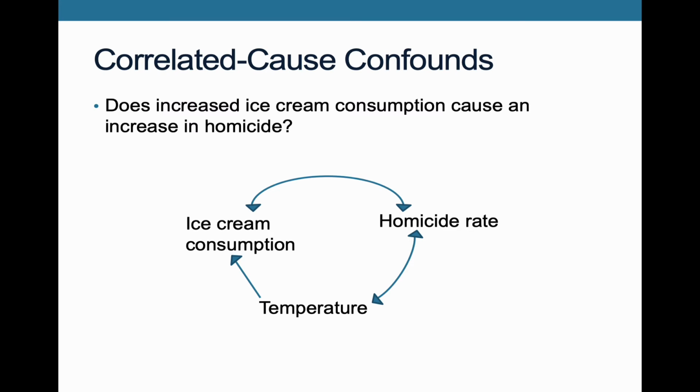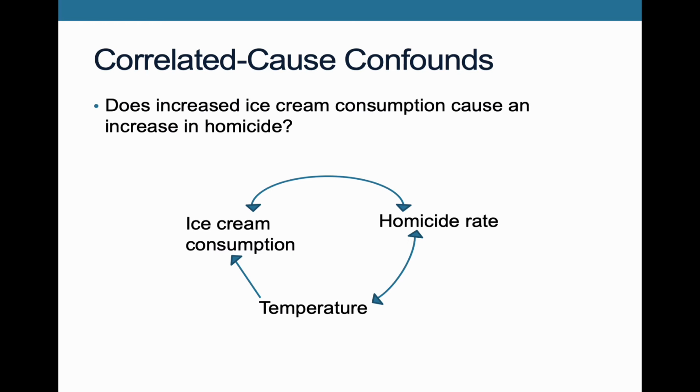Instead, higher temperature goes with other things, like people being out on the streets and changes that go along with seasonality that might be related to homicide rate, but the temperature itself is not causing homicides. So here, z, temperature, is causing x, and it is correlated with y. There's no causal relationship between ice cream and homicide rate, but the fact that we're talking about summer months is what makes it look like there might be one.